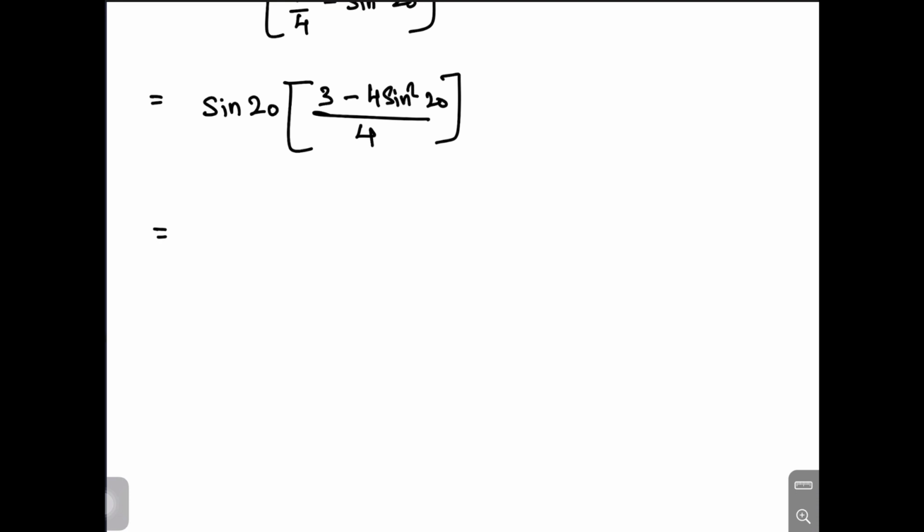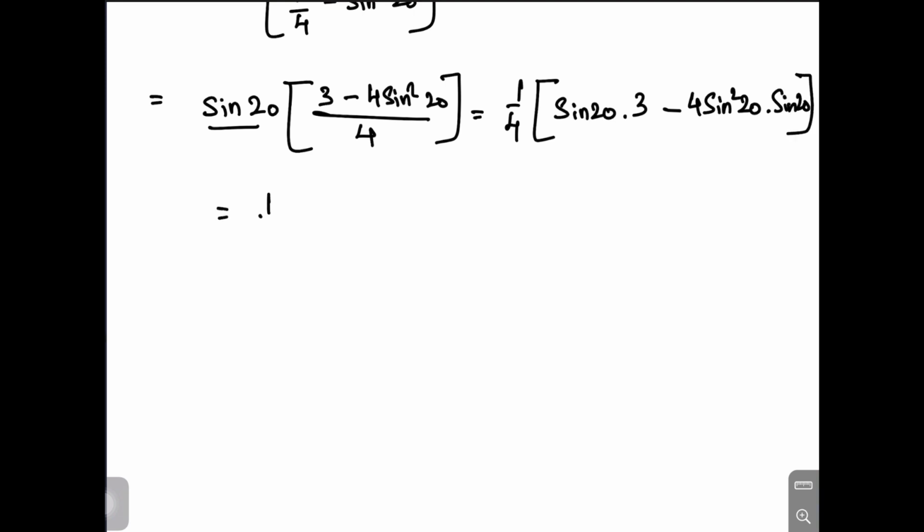Sin 20 can be multiplied inside also, or let me take 1 by 4 outside first, and then sin 20 into 3 minus 4 sin square 20 into sin 20.